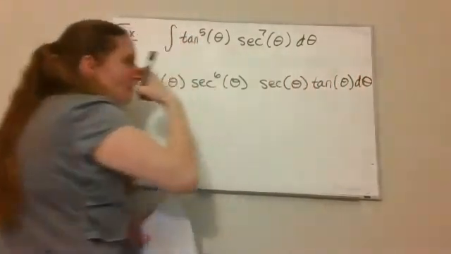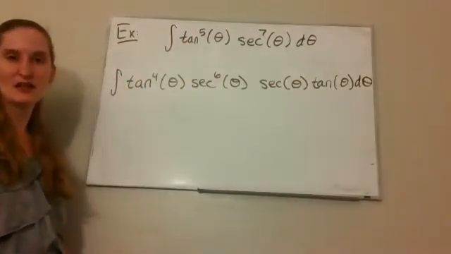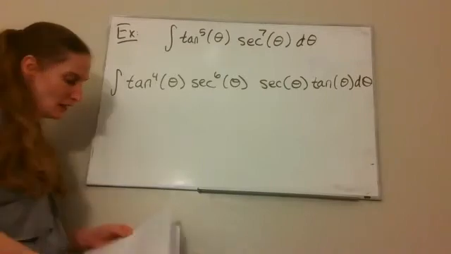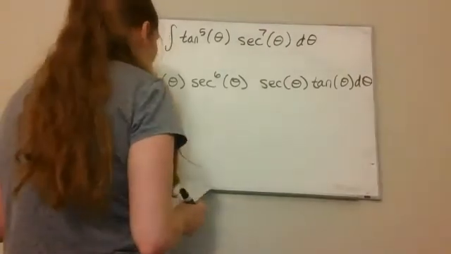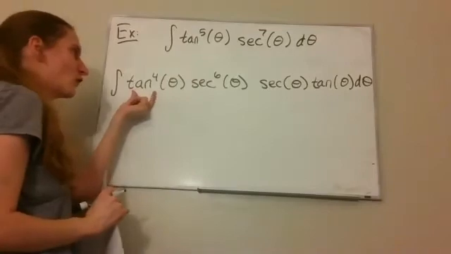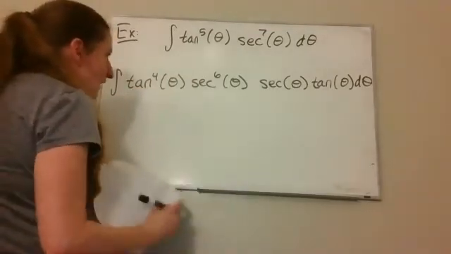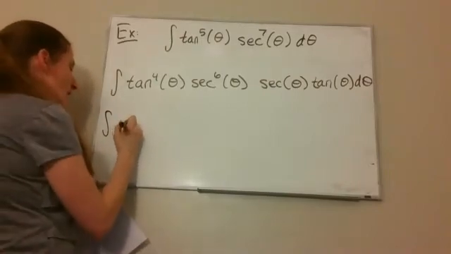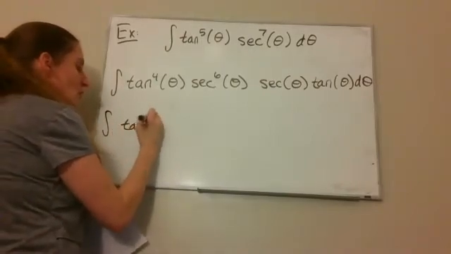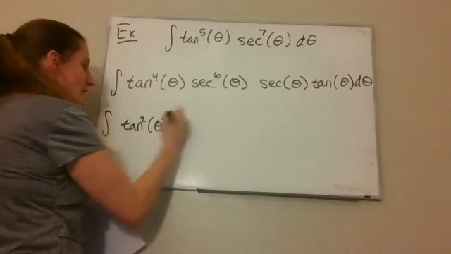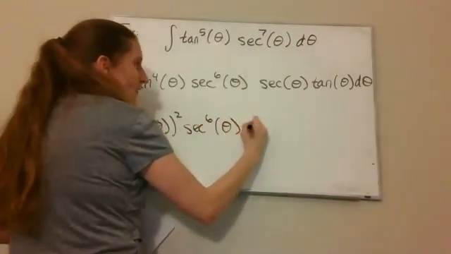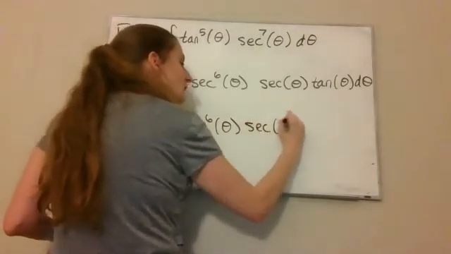So first notice that this is the same exact integral. I just pulled one of my secants and one of my tangents off to the side. And now I can rewrite my tangent to the 4th in terms of secants. First, notice that tangent to the 4th is the same thing as tangent squared squared. And nothing else is changing in this integral.